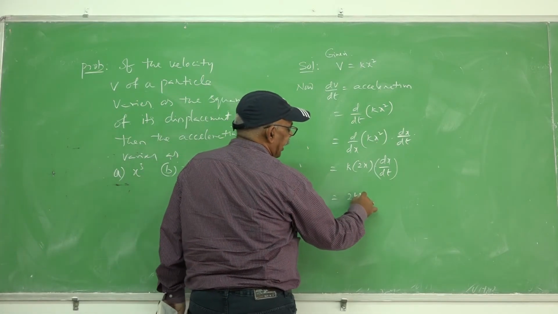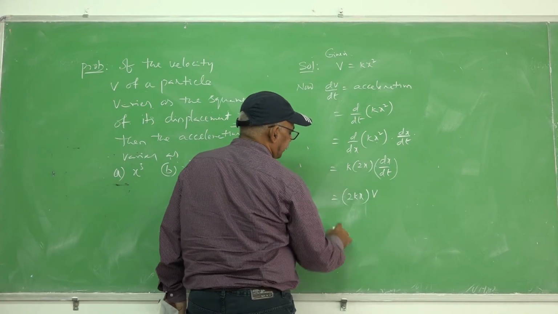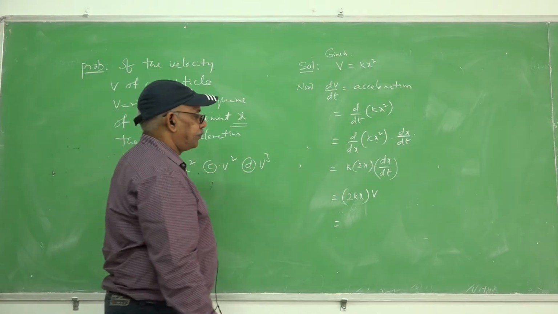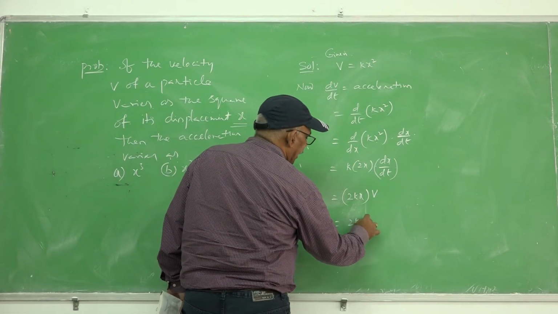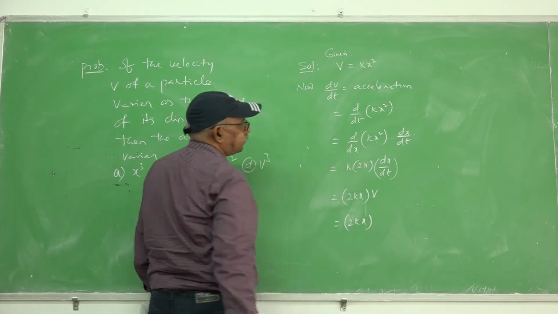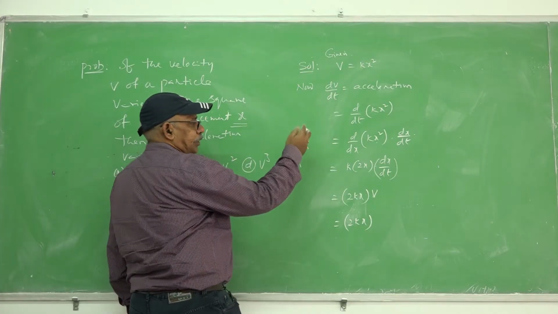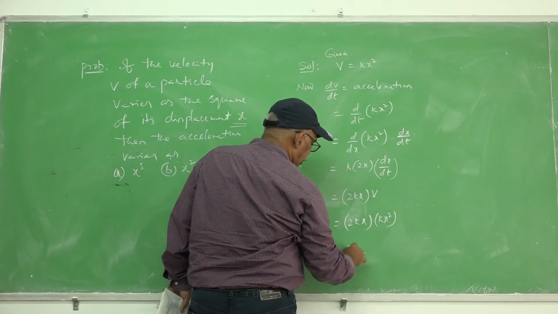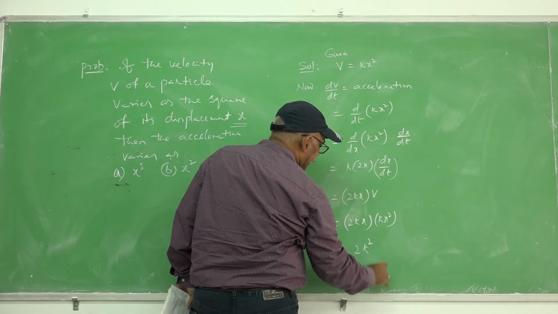So this is 2kx into v. The acceleration becomes 2kx into v. V stands for velocity. Velocity means kx square. So, which gives us 2k square into x cube.